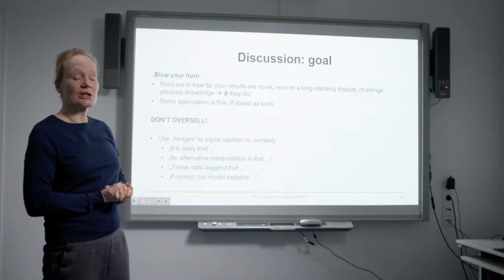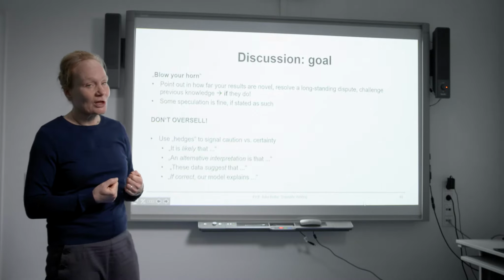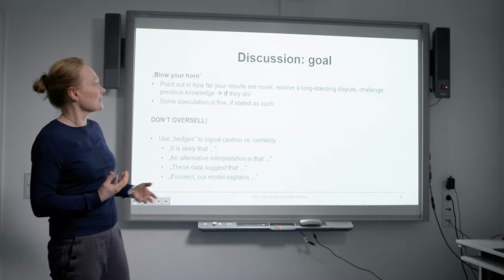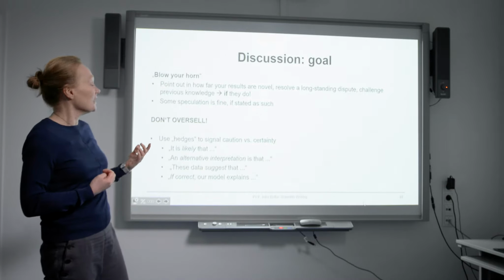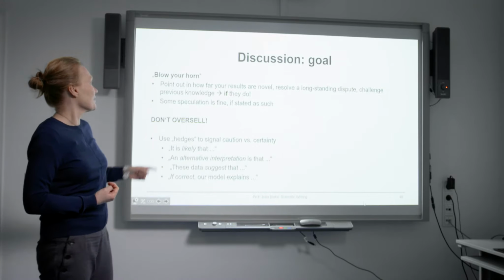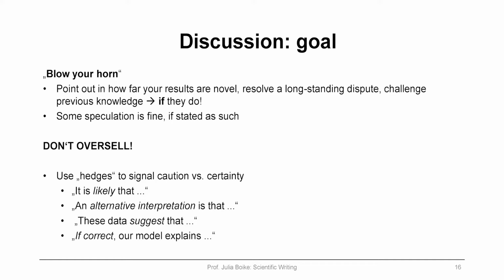In the discussion section, you also have the chance to blow your horn. If your results are novel, resolve a long-standing dispute, or challenge previous knowledge, you can really sell it like this and blow your horn. Some speculation is fine if stated as such.